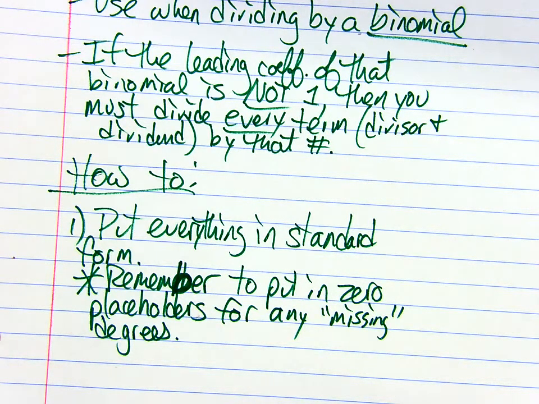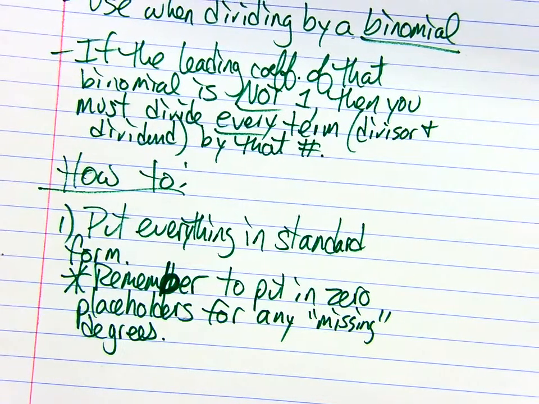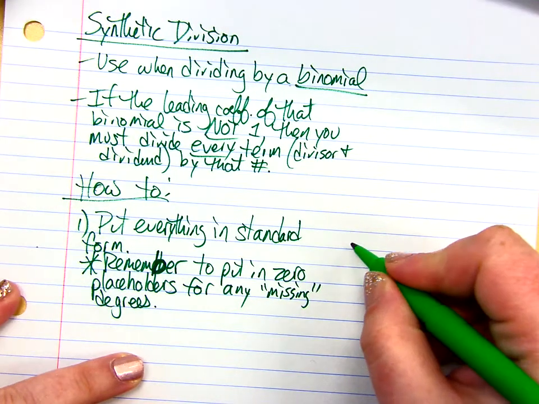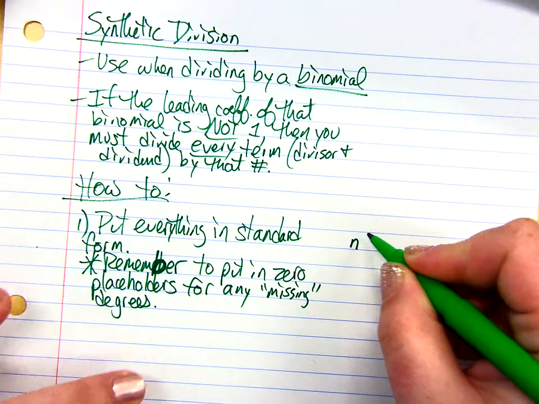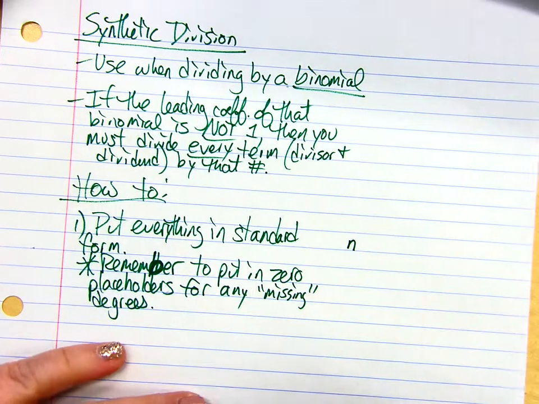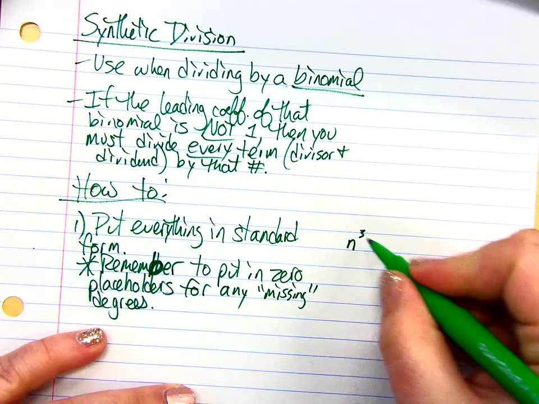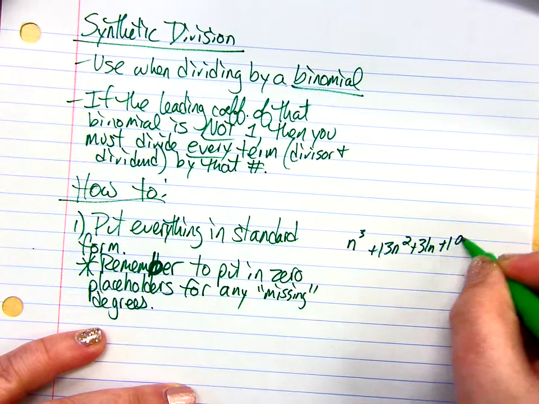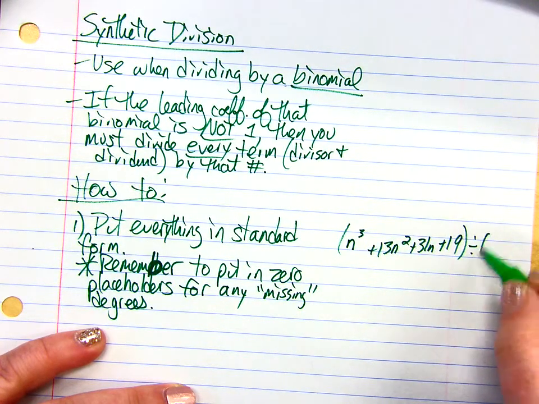And it would be helpful to do an example at the same time. So I'm going to do number 6 on the same sheet that you have. Let me see if I can zoom out and I'll just recopy number 6 here. So you've got n to the third plus 13n squared plus 31n plus 19, and we are going to divide that by n plus 10.